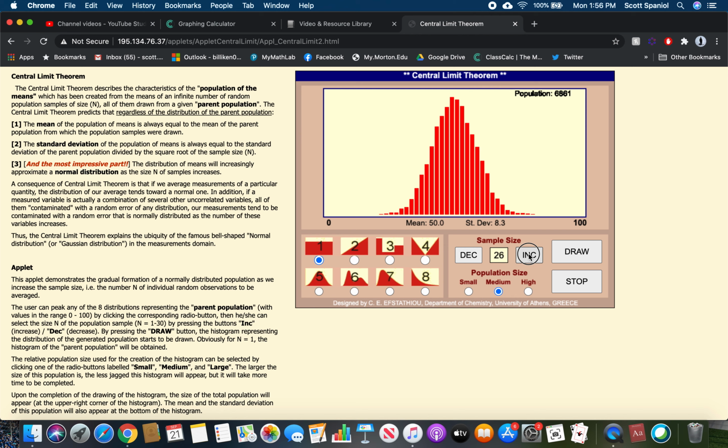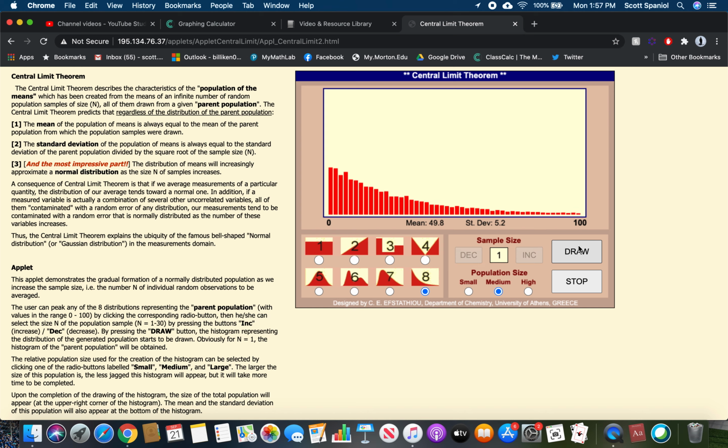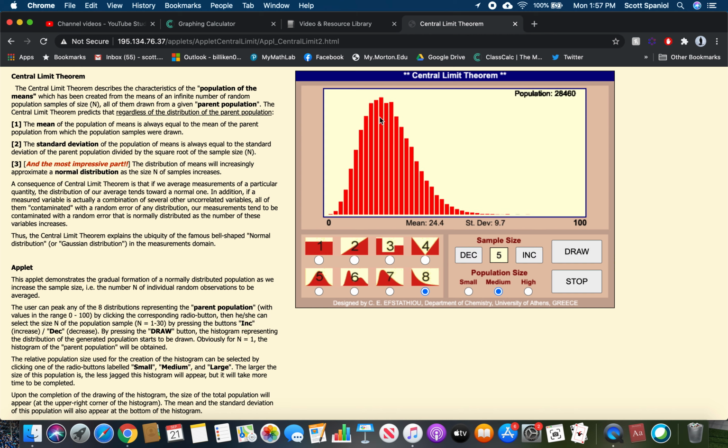And if I increase it all the way up to 30, then I get a very normally distributed graph. Even if I pick things that are very, very skewed, like this one. If I draw the original, it's very skewed. It's nowhere near normal. If I start to increase it, it starts to get more and more normal, but it's still skewed on the right side.